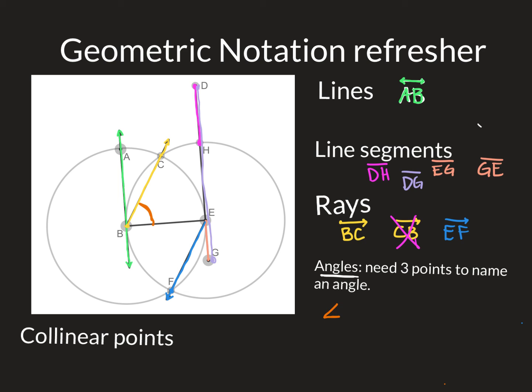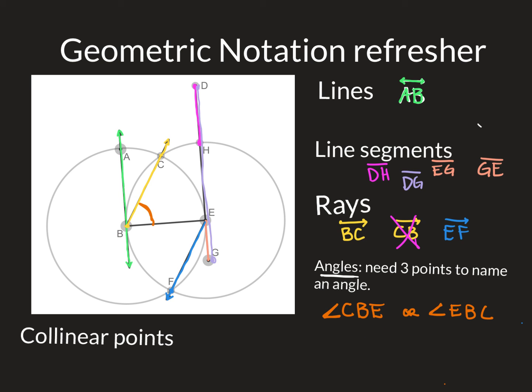So if I want to specifically name this angle, we would put a little angle symbol like this, angle CBE, or also totally fine to call this angle EBC. And the reason that it goes in that order is that you start kind of on one of the legs, one of the line segments or rays or lines that is making up the angle.